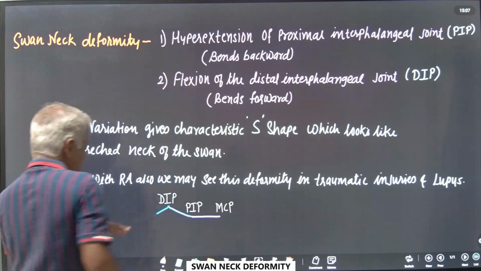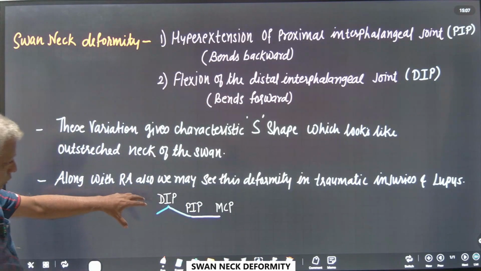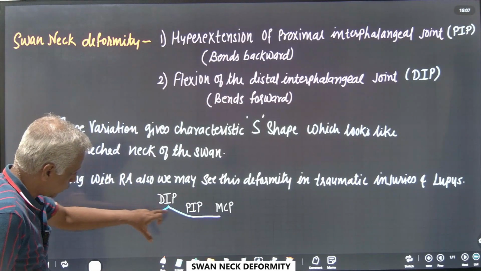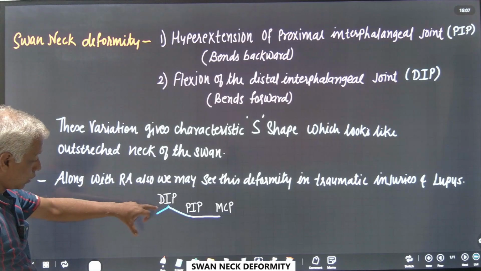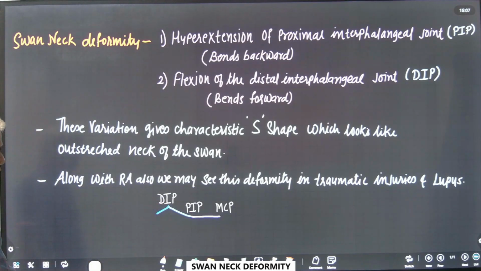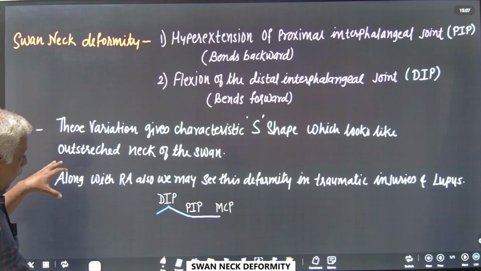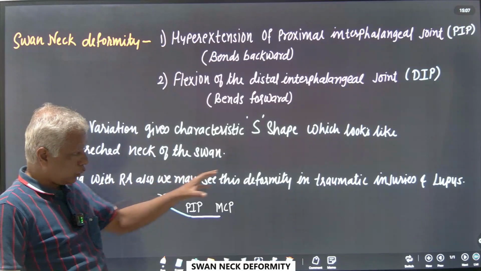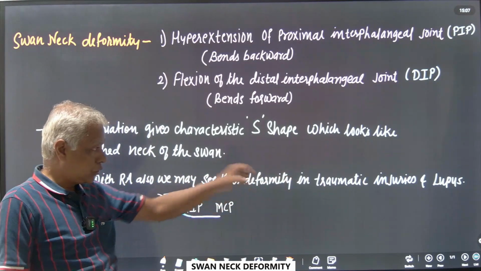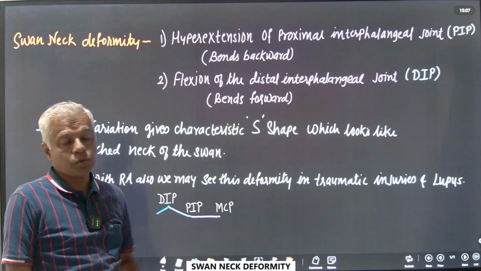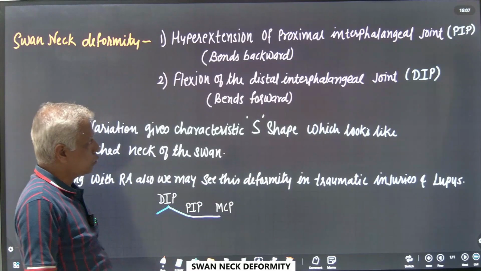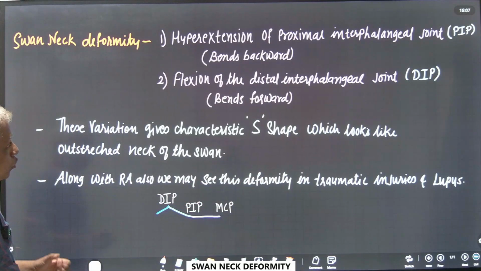So this looks like the outstretched neck of the swan, and that's why we call this a swan neck deformity. Other than RA, we can see the deformity in various kinds of traumatic injury, as well as in lupus.